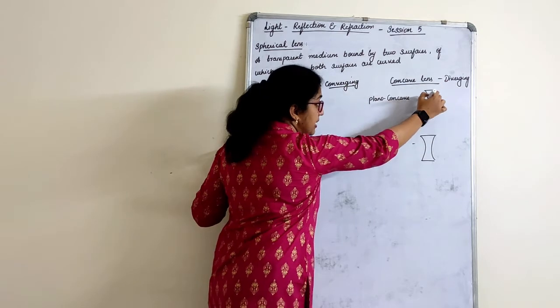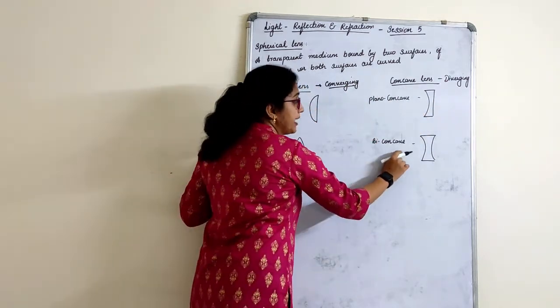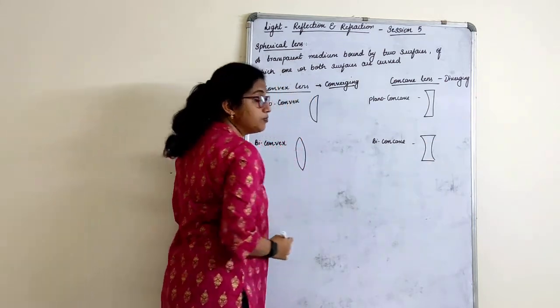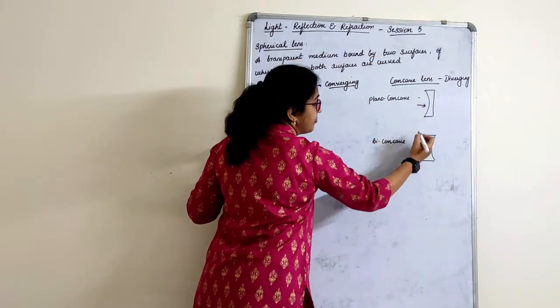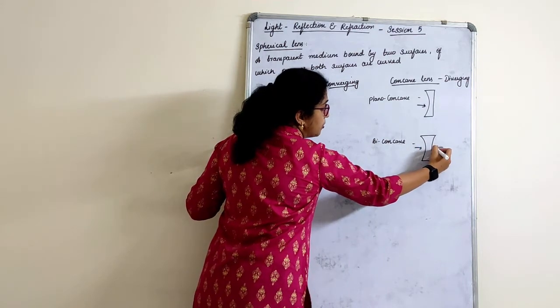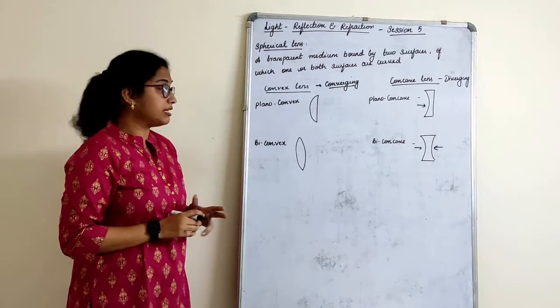Plano-concave is curved at one side and flat at the other. Biconcave is curved at both sides. See children, concave has a cave in it, and both the sides have caves here. Simple, remember concave like that.